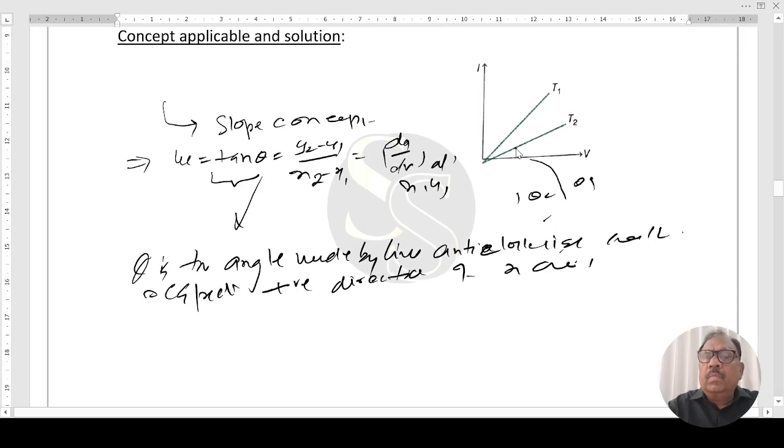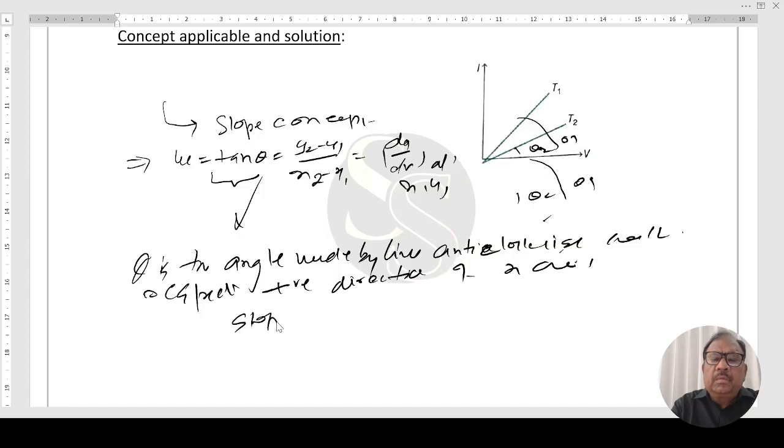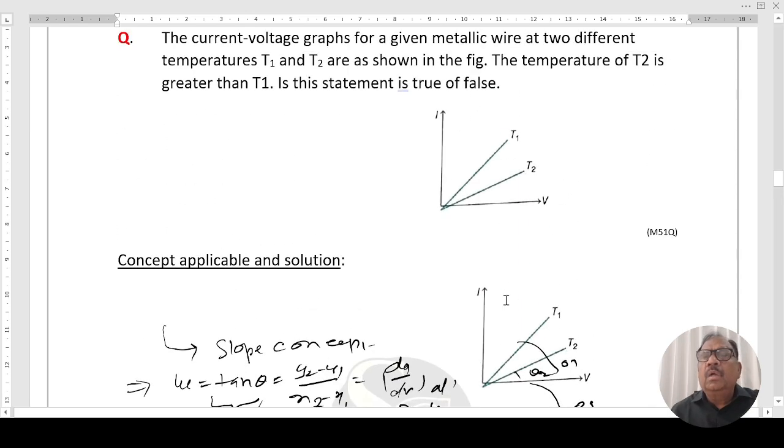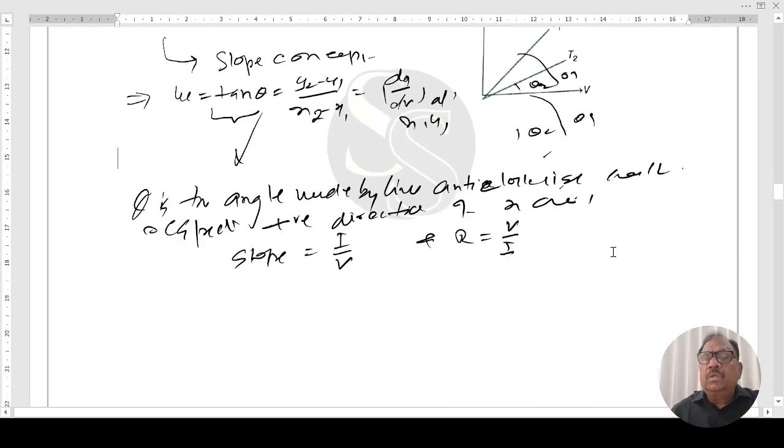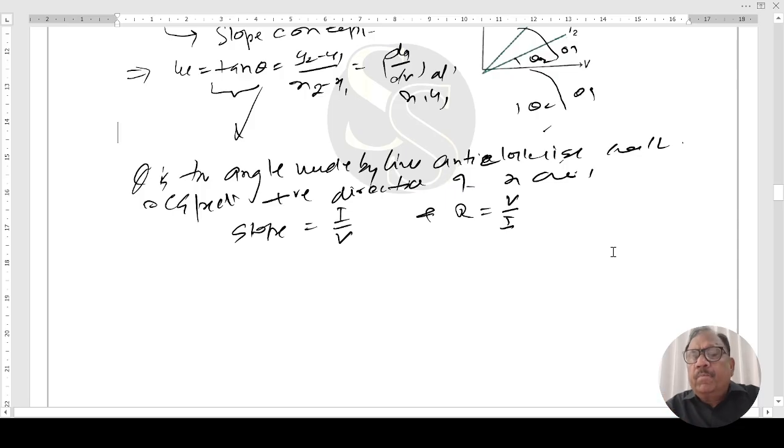This is theta 1, this is theta 2, right? Now, in this case, slope is I upon V, and resistance is V upon I. Resistance is V upon I.